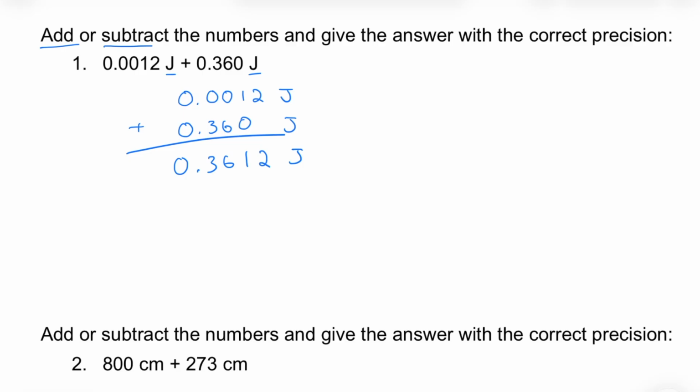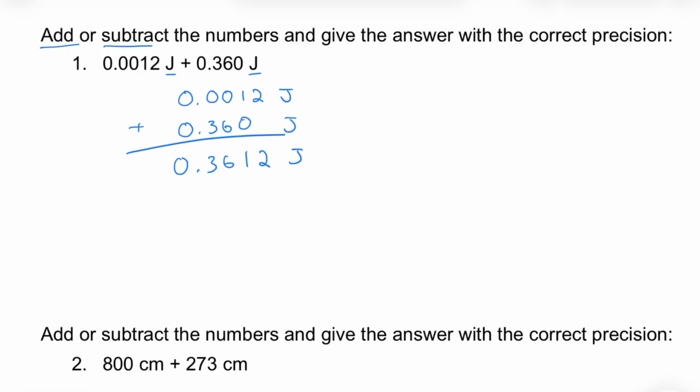However, remember that we need to attend to significant figures if we're trying to be precise with the level of precision that's communicated in these measurements. So we want to take the measurement that had the least precision. In the case of addition and subtraction, our definition for least precision here is the one whose lowest place value is the highest.